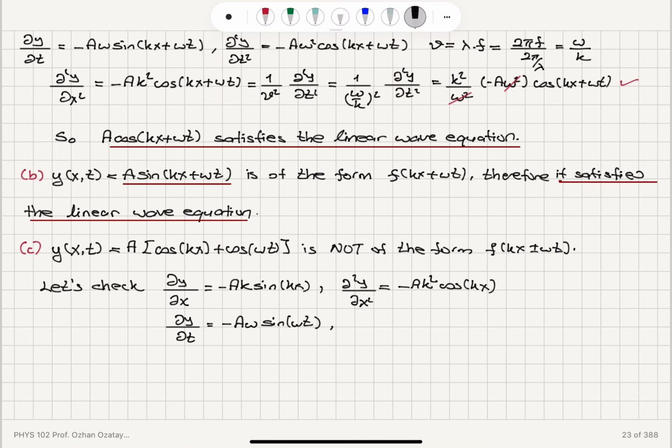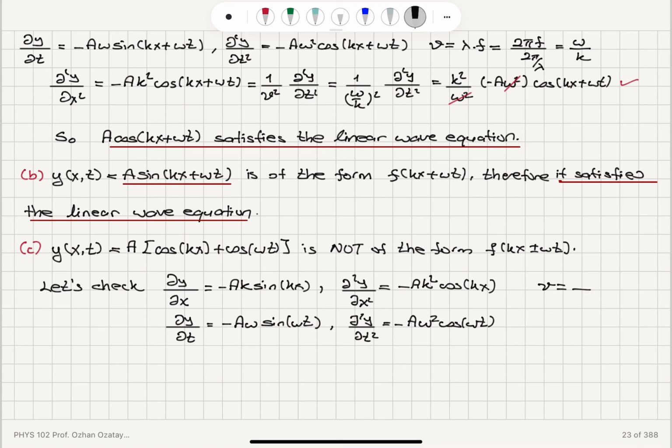And the second derivative, del square y del t square, is minus a omega square cosine omega t. And the propagation speed v is omega divided by k, as we have mentioned in the previous section.